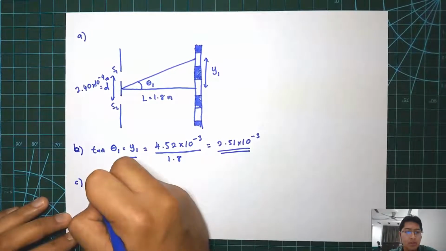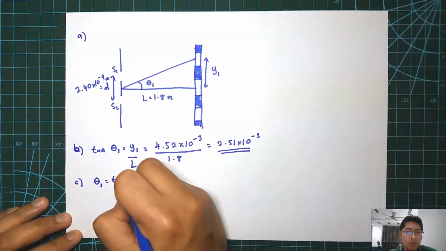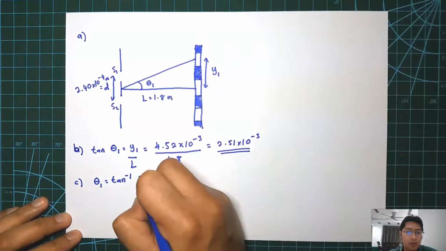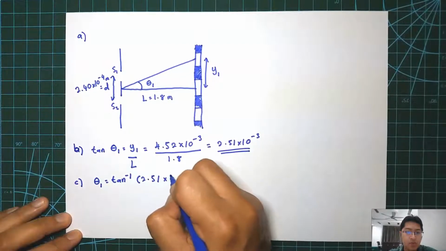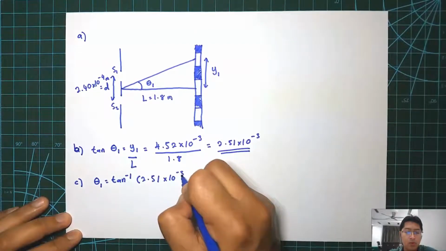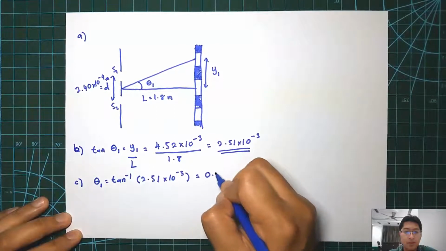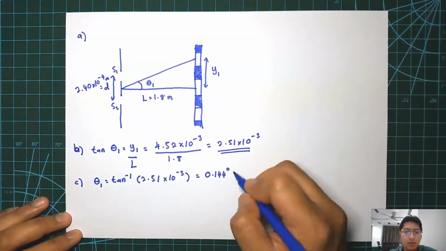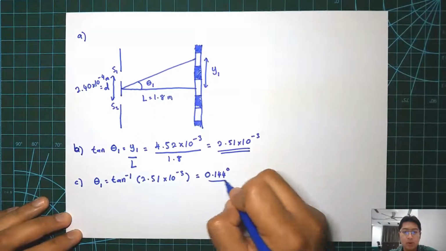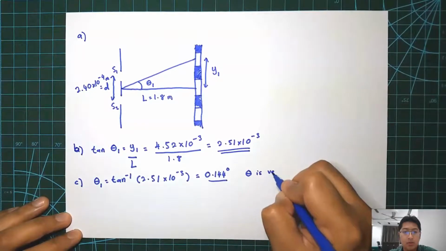For C, theta 1 equals inverse tangent of 2.51 times 10 to the power of negative 3, equals 0.144 degrees. So the angle is very small.